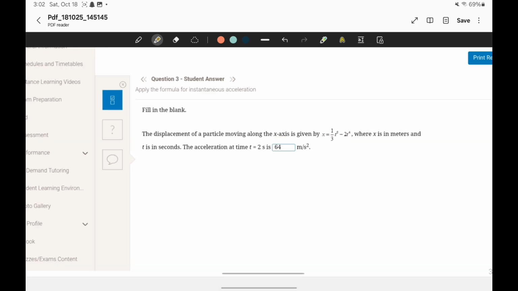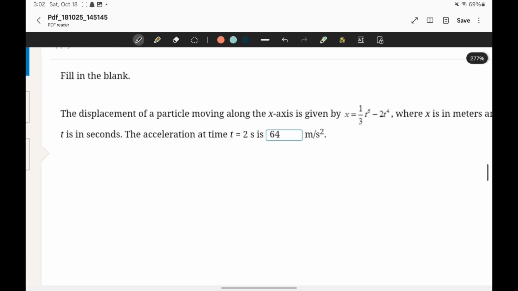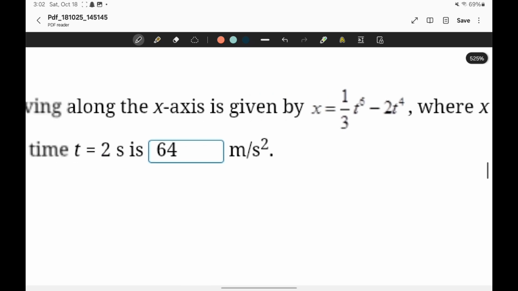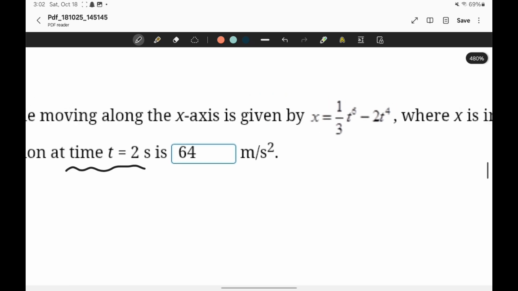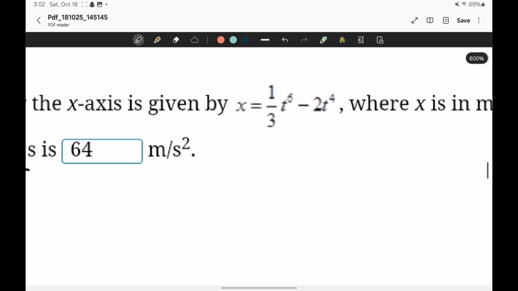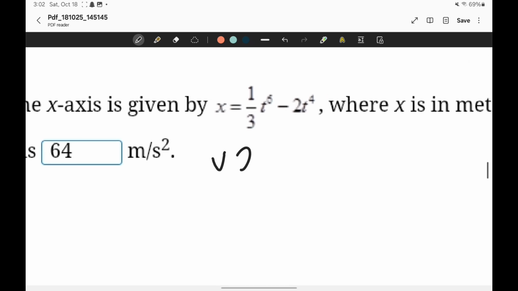Number 3, the displacement of a particle moving along the x-axis is given by this equation, and they want the acceleration at time 2. They're asking for a specific time, so this is instantaneous. So we're going to use the equation. First we find the velocity by deriving once, so the velocity is equal to 2t to the power 5 minus 8t cubed.